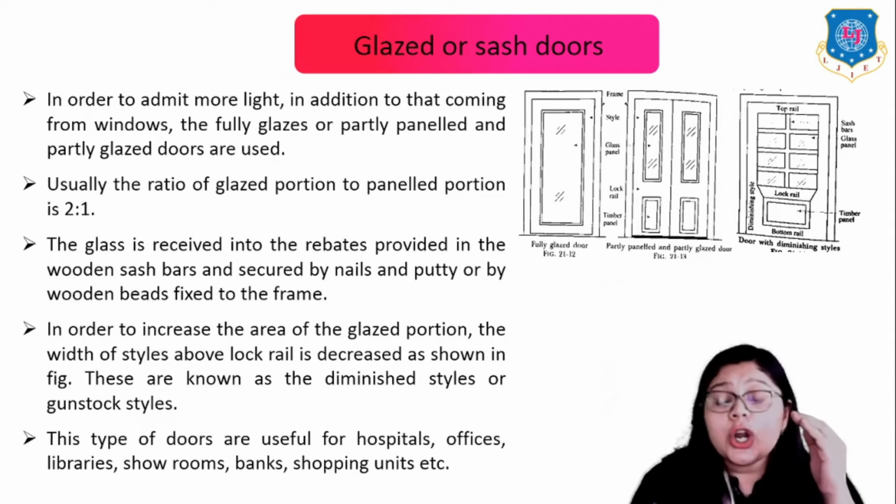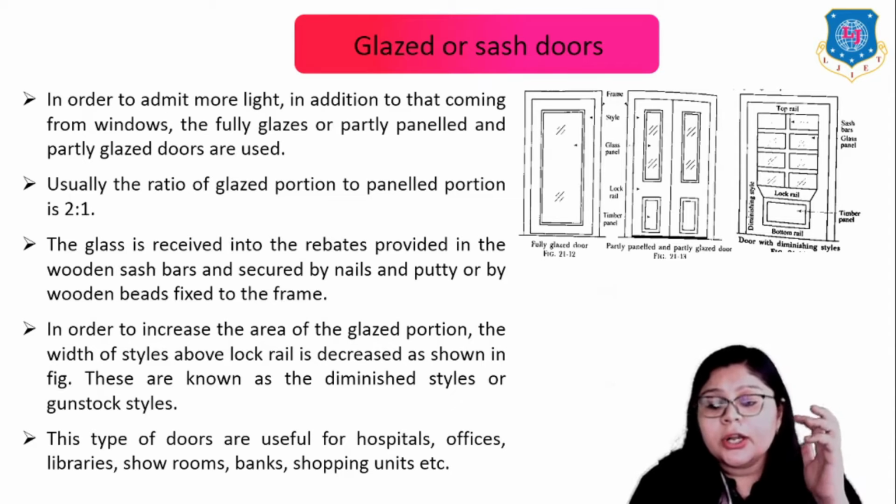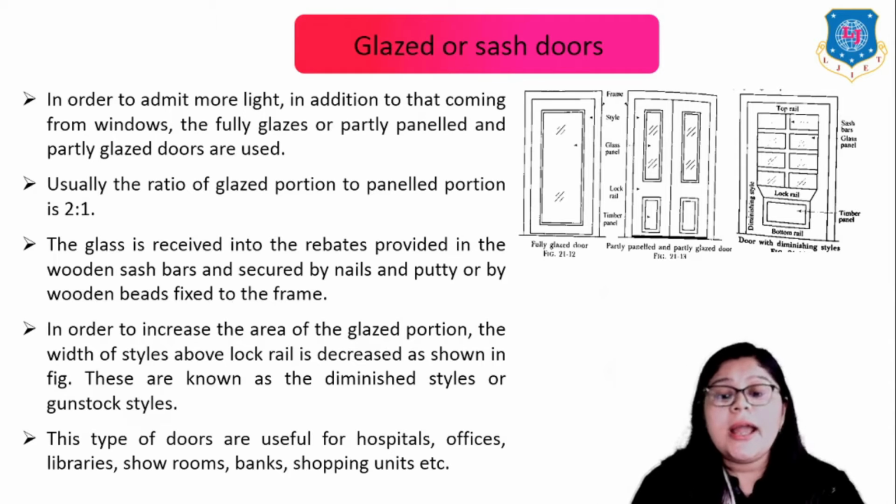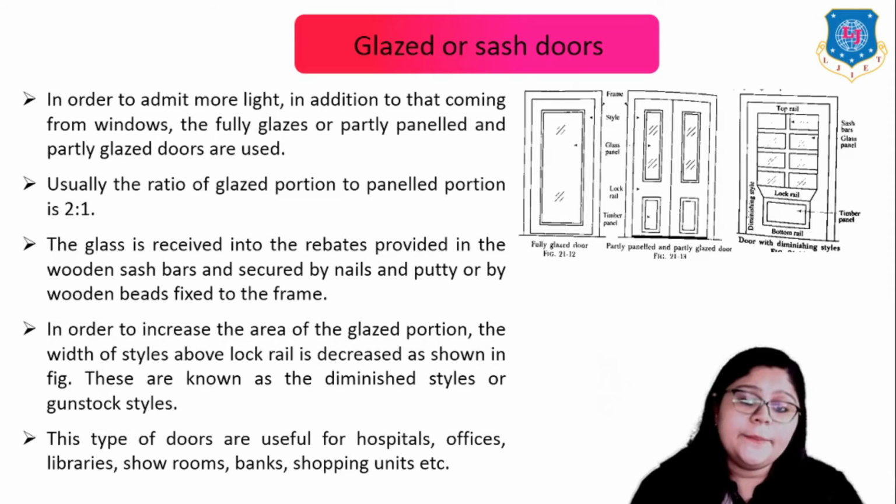In order to increase the area of the glazed portion, the width of stiles above the lock rail is decreased as shown in the figure. These are known as diminished stiles or gun stock stiles. This type of door is usually used for hospitals, offices, libraries, showrooms, banks and shopping units.